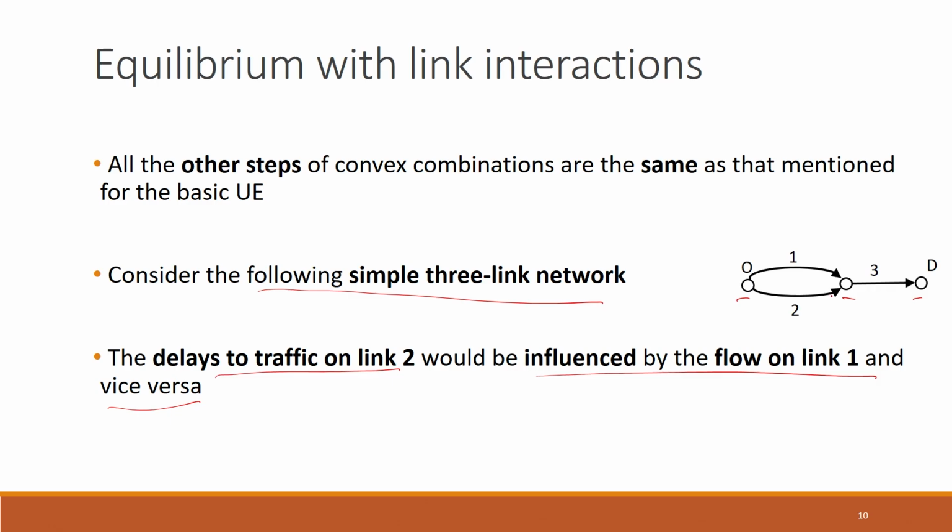So, what we are assuming here is that if the flow on this link, that is link 2, increases, then it will also have an effect on the travel time on this link because of this common intersection that is there. Because not all the flow on link 1 will be able to easily go to link 3 if there is a lot of flow coming from link 2 towards the intersection. Okay. And the same holds for link 1's flow effect on the travel time of link 2. Okay.